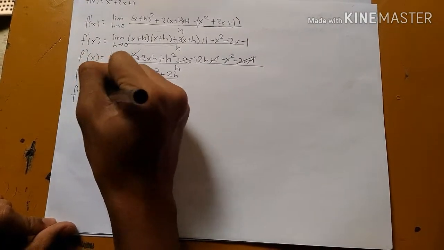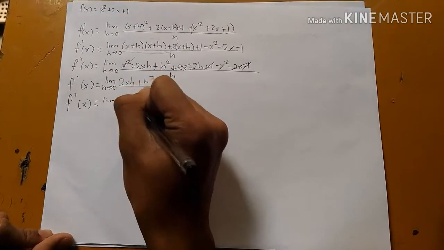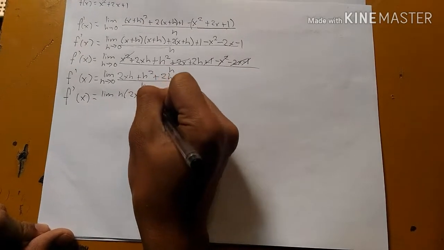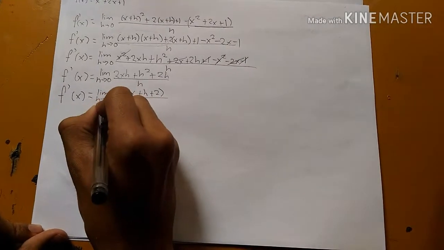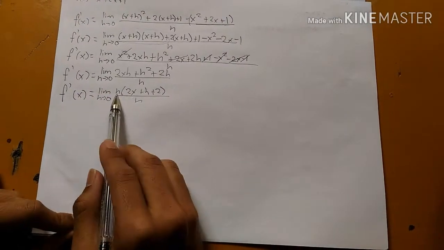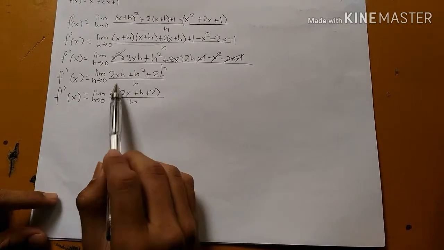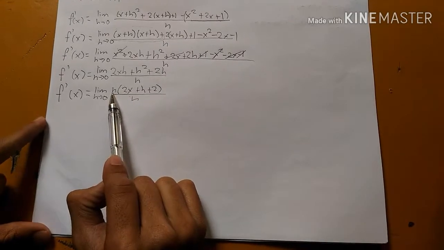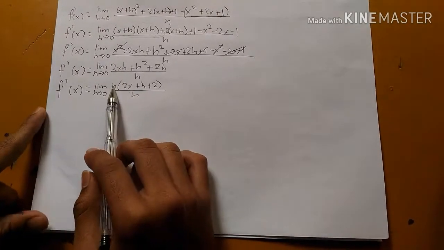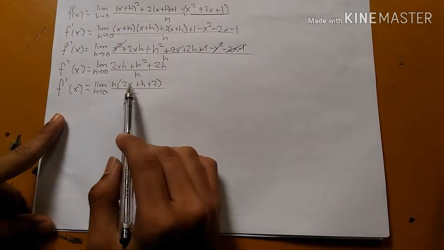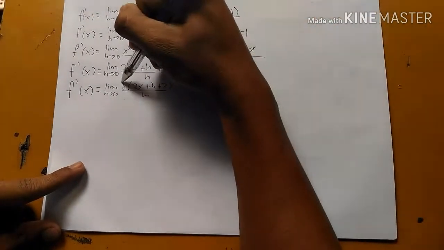F prime of x is equal to the limit of h times (2x plus h plus 2), all over h, as h approaches 0. We just took the h in each term out, but it didn't change the equation. If you multiply this, it'll just turn back to the same equation, and we cancel the h.